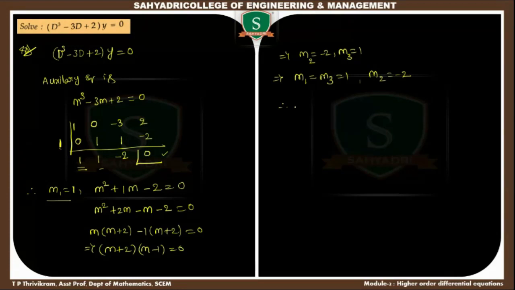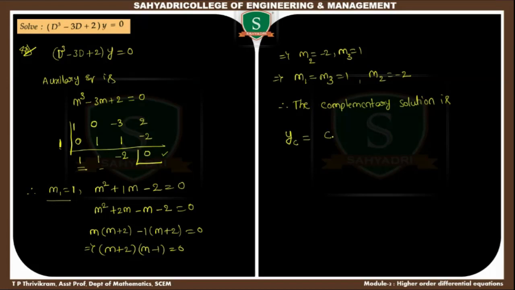So therefore, the complementary solution is, how to write? yc is equal to, first write equal roots. For equal roots, what is the way?